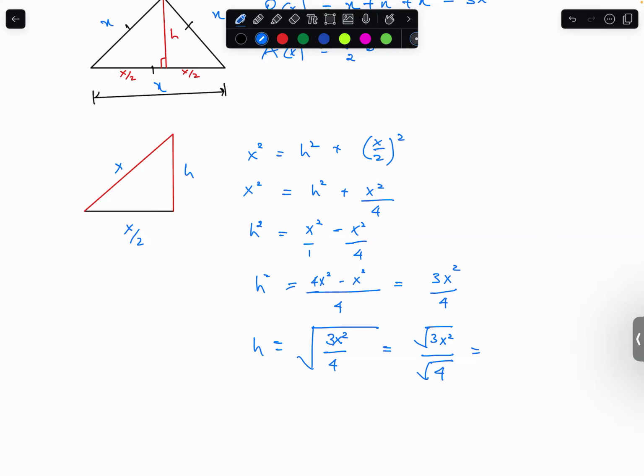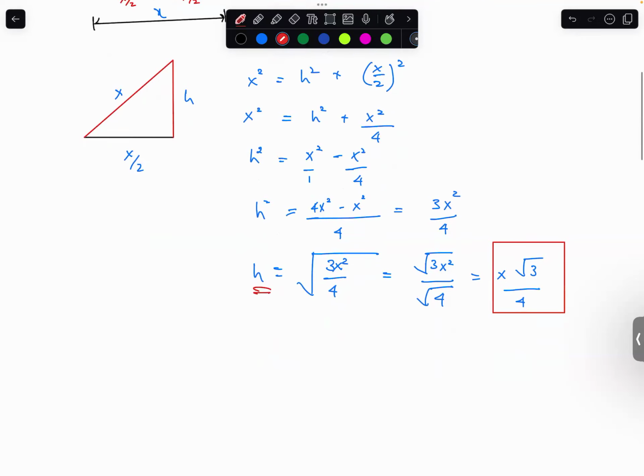Because x is squared, we can take it outside the root, and the square will cancel the square root. So we have something like x square root of 3 over 4. Now this is h, so this is what we are looking for, the height of this triangle.